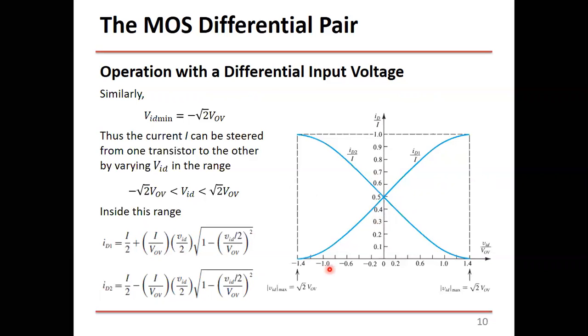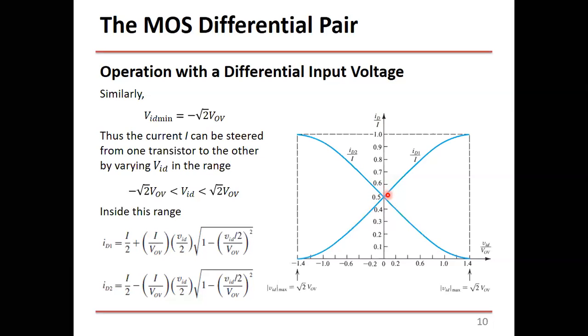If you keep decreasing the input voltage VID, you actually increase I2 and decrease I1 until I2 becomes I and I1 becomes 0. If you keep increasing the other side, then I1 will increase and I2 will decrease until they meet at the middle when you have the common mode.